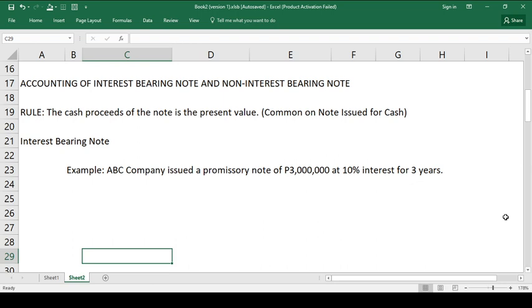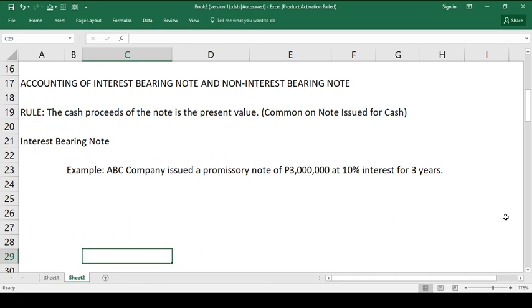That is a very simple and obvious example of an interest-bearing note, because an interest-bearing note bears interest, or there is an attached interest that is expressed in the face of the note. In Tagalog, kung may interest na naka-attach or interest rate na makikita sa note, obviously that is an interest bearing note immediately.